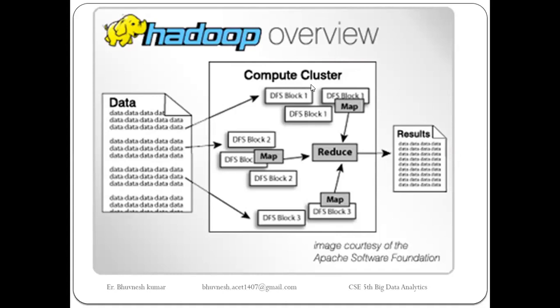The function of MapReduce is that it will distribute the data into different blocks, that is block one. Distributed file system of block one, distributed file system of block two, distributed file system of block three. This is your block one cluster, here is your block two cluster, and here you have block three clusters.